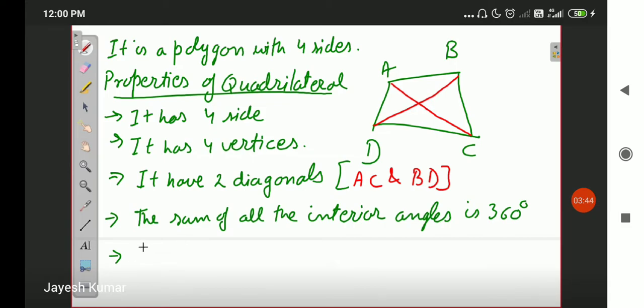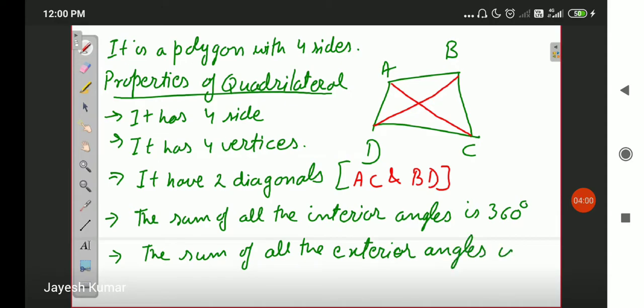As well as the sum of all the exterior angles is 360 degrees. The sum of all the interior angles is 360 degrees, as well as the sum of all the exterior angles is also 360 degrees. What more can we say about a quadrilateral? There is one more thing.